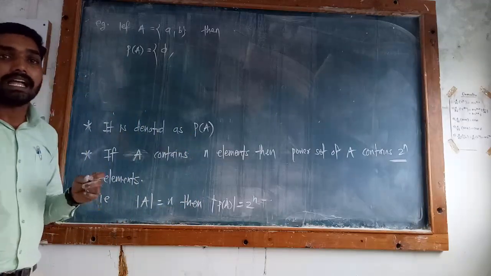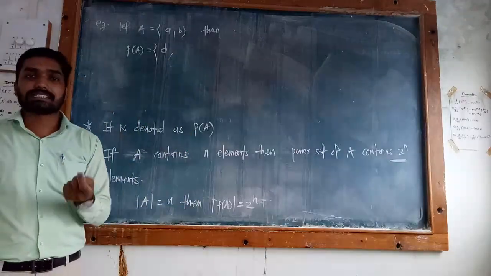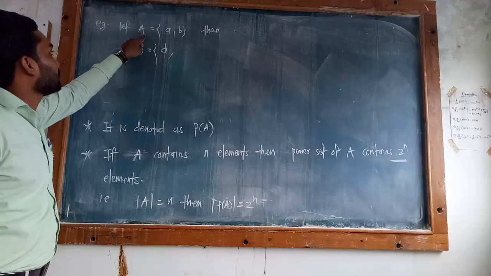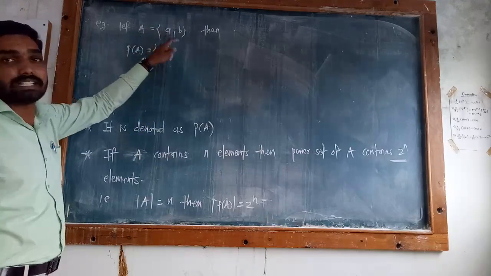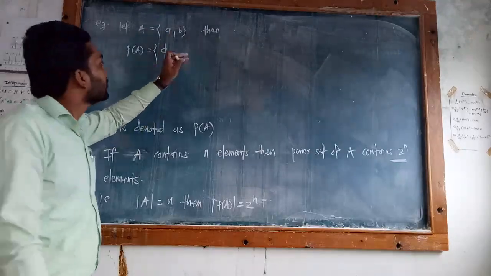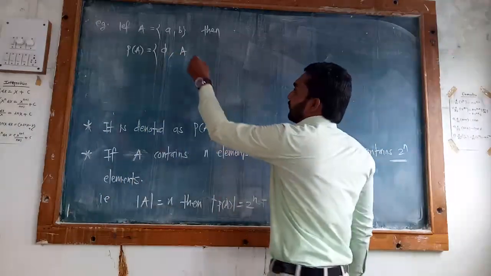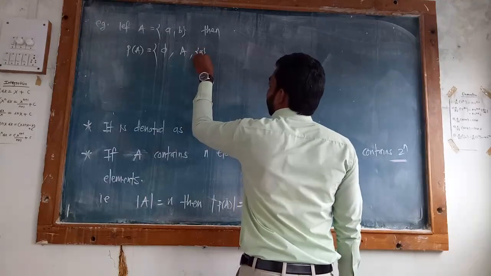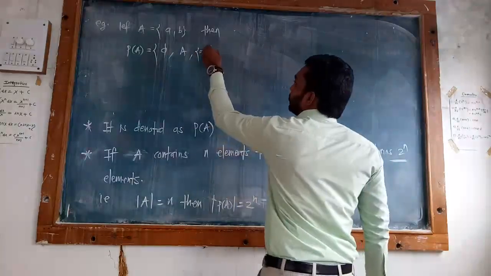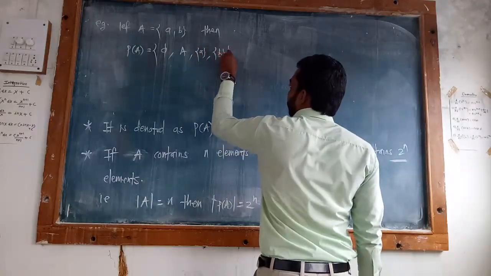And every set is a subset of itself. Set A is also a subset of the given set, so set A is also included. Then singleton A is also a subset, and singleton B is also a subset.